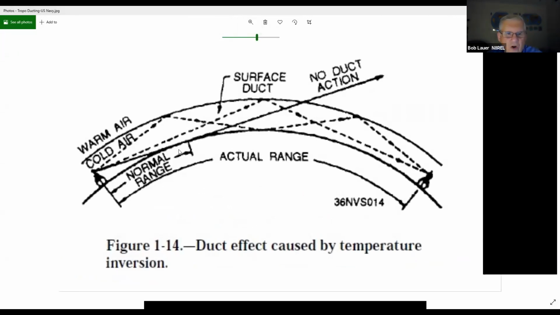In the normal line of sight, your radio signal goes out, you get this far, and the rest of your signal goes right out into space and no one hears it. When this particular air inversion happens, your signal can actually bounce off this duct.